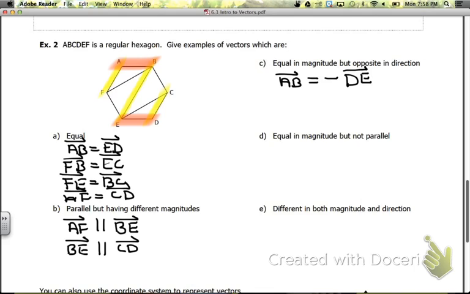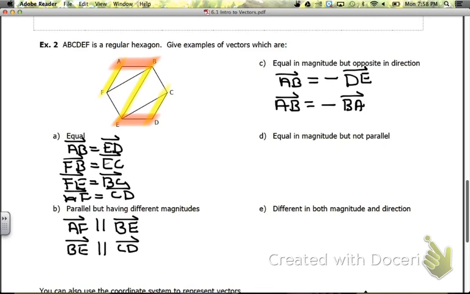As well, AB is equal to negative BA. What about equal in magnitude but not parallel? Okay, so that means the size of them are the same but they're not parallel.